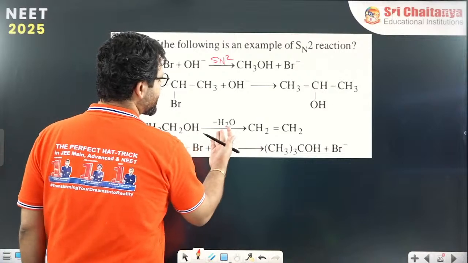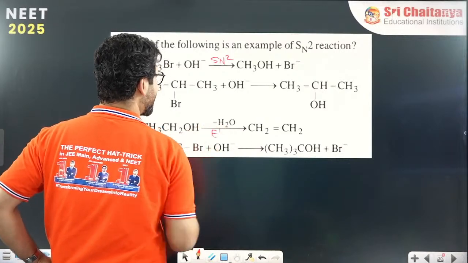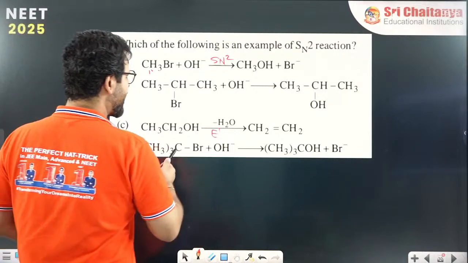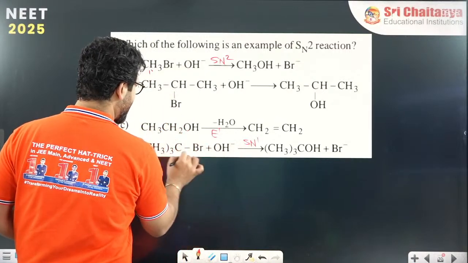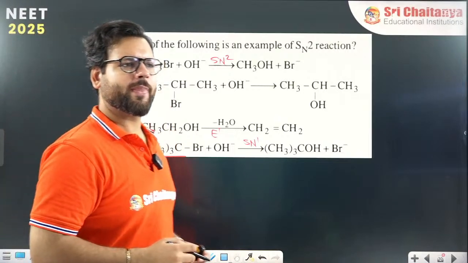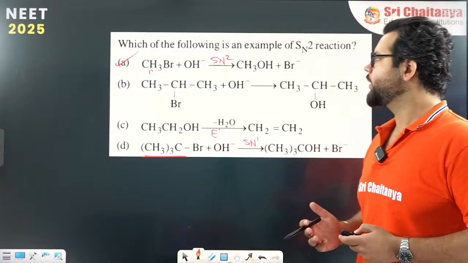And the next one is clearly an elimination reaction. It is going to be an E1 elimination reaction, dehydration of alcohols, acidic dehydration. And the last one has to be SN1 because it is a tertiary alkyl halide. They never undergo SN2. So first is the best option. Second may be SN1, second may be SN2.